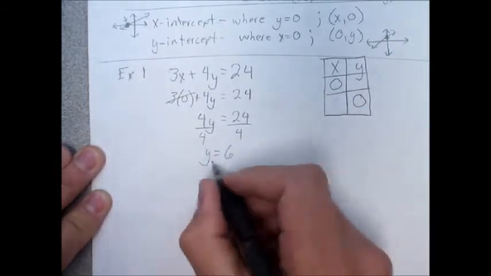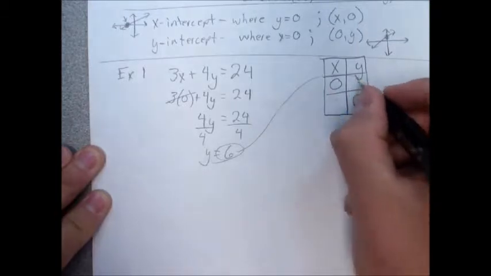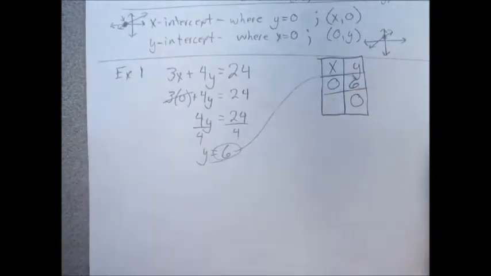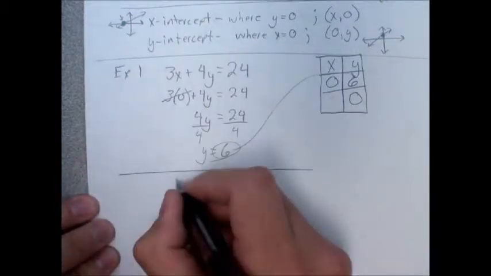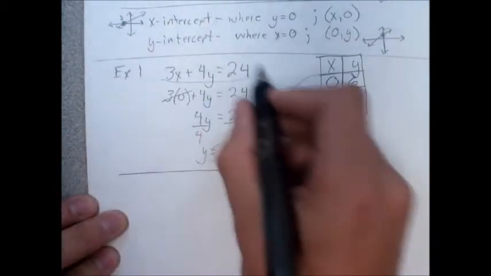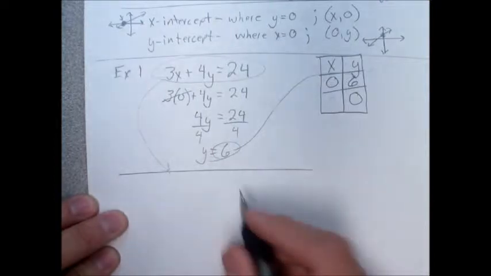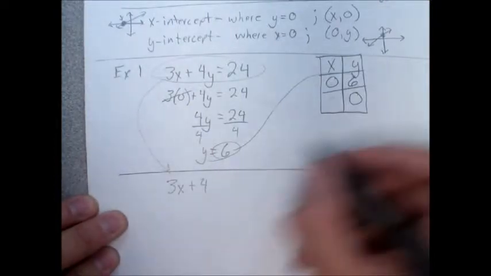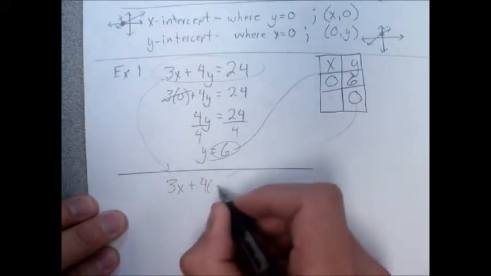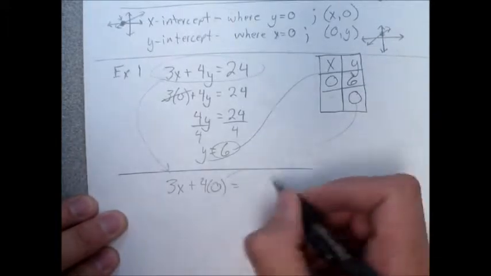So I go up here and I put it in my chart. Y equals 6. And I do my second equation. Again, I'm using this original here to plug in. So I have 3, and I don't know what x is, plus 4 multiplied by 0 equals 24.